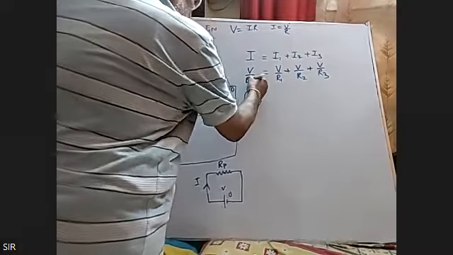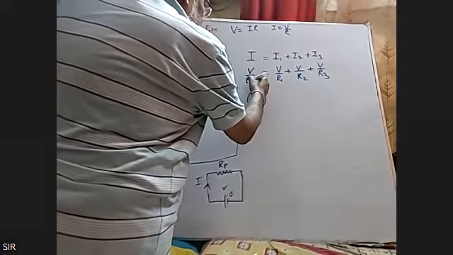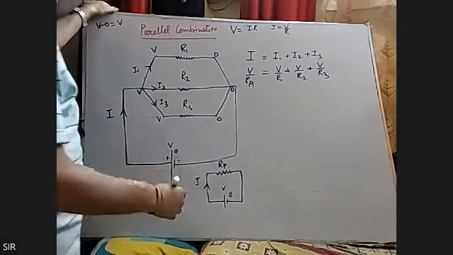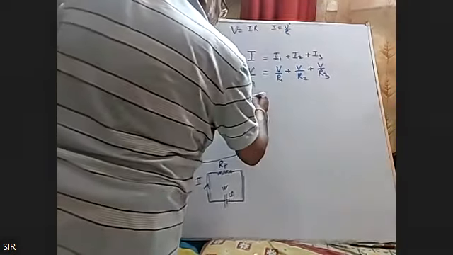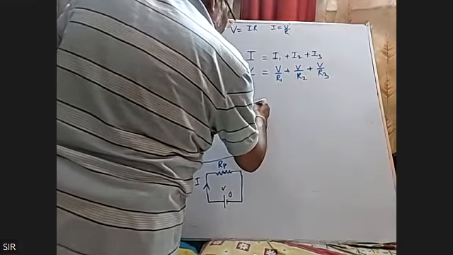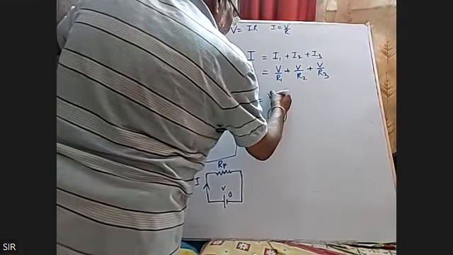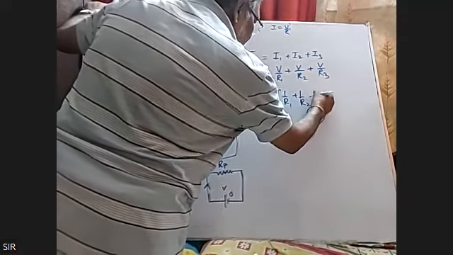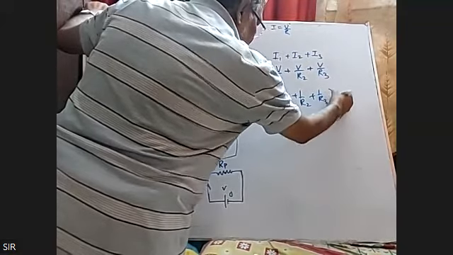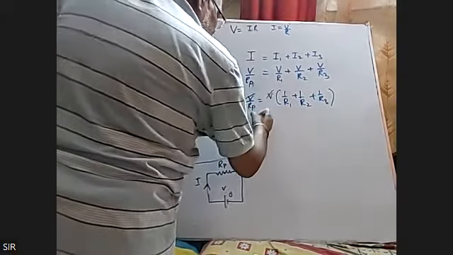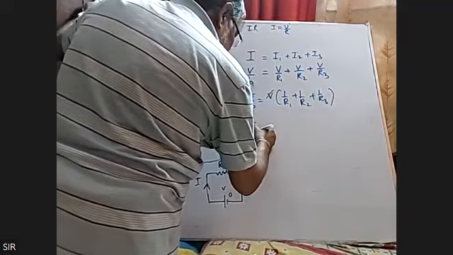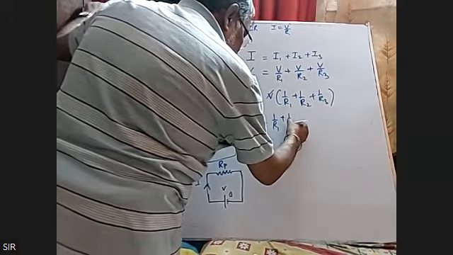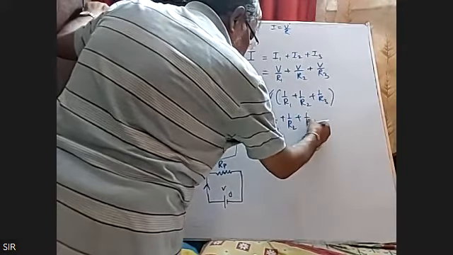So V upon RP is equal to V common, 1 upon R1 plus 1 upon R2 plus 1 upon R3. V cancelled. So 1 upon RP is equal to 1 upon R1 plus 1 upon R2 plus 1 upon R3.